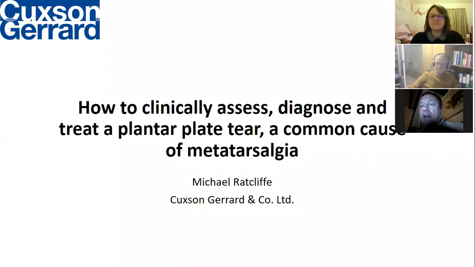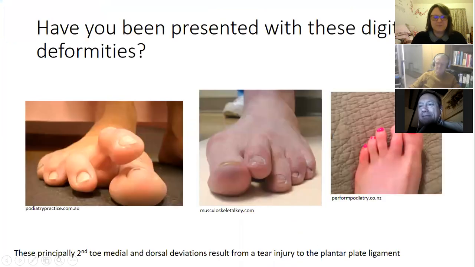Okay, so if I may take the first slide, let's have a look at what the plantar plate actually is. Now, if ever you have been presented with a forefoot deformity, a digital deformity, such as the ones that you're seeing in various degrees, then you're probably looking at a plantar plate tear. This is the result of it, where we can see this dorsally elevated toe on the left-hand side here, quite extreme.